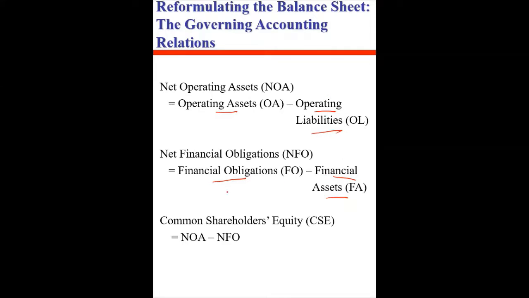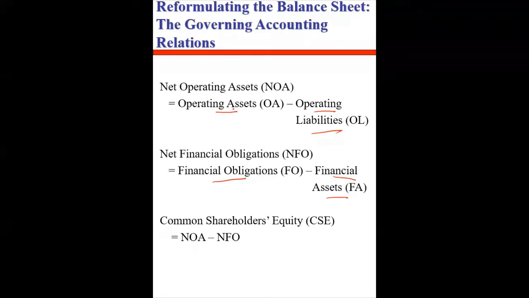and the assets and liabilities which we are categorizing as financial obligations and financial assets are different. The financial obligations help us to raise cash for the operation or to finance our operation, and financial assets are precisely our investment, what we do after raising cash for operations from the financial obligations.